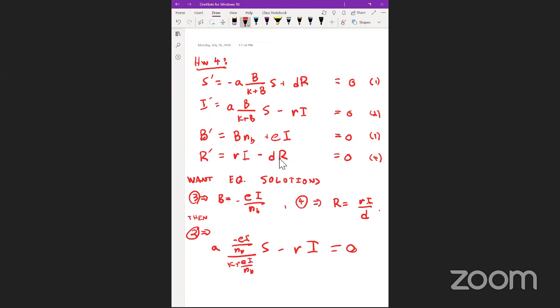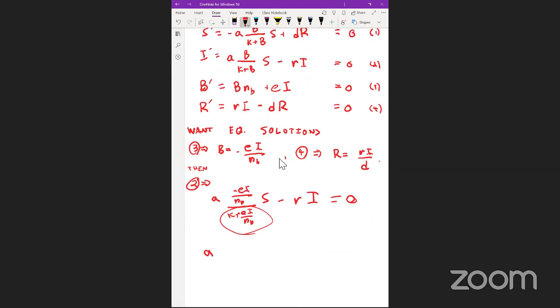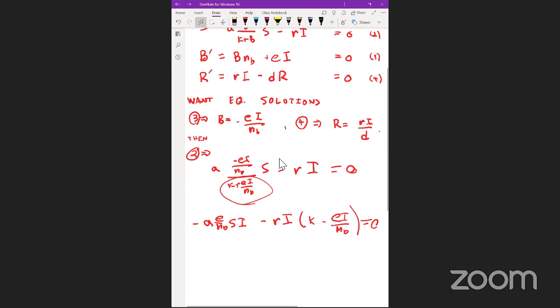And so you can see when you multiply this out, you're going to get a quadratic expression. You're going to get A minus AE over NB times SI minus RI times K minus EI over NB equals 0. So there are actually two families of solutions here.